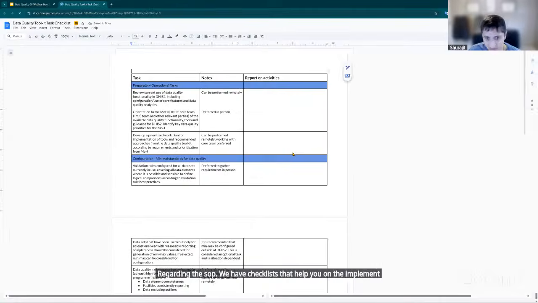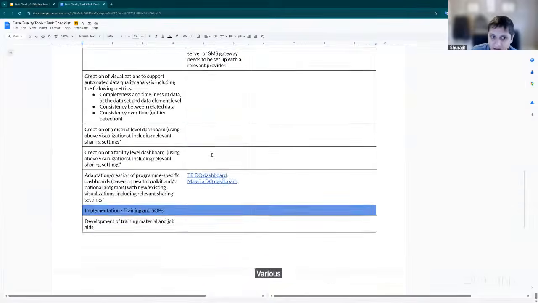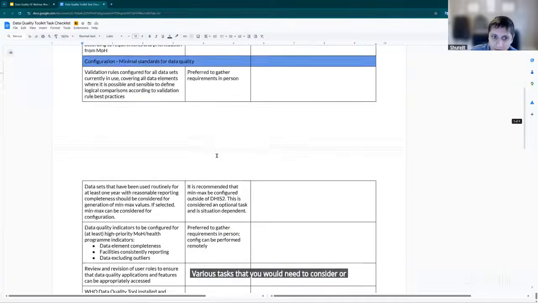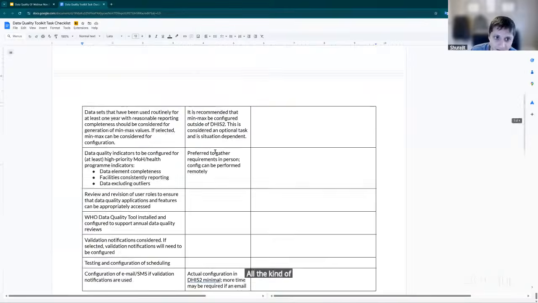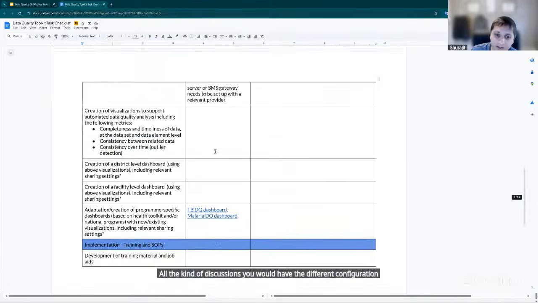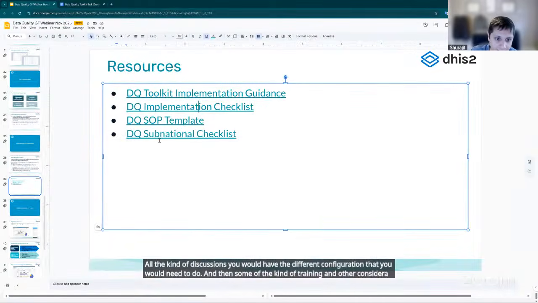This one, for example, discusses various tasks you would need to go through if you were to implement these checks within your own system, including organization with stakeholders, the discussions you would have, the configuration you would need to do, and then some of the training and other considerations that would be required.